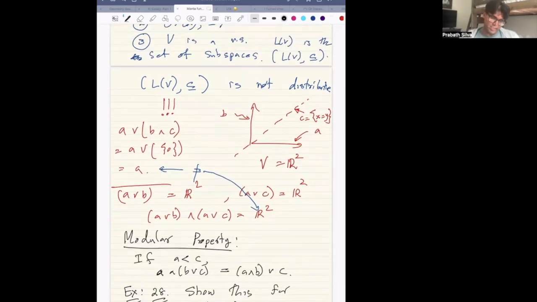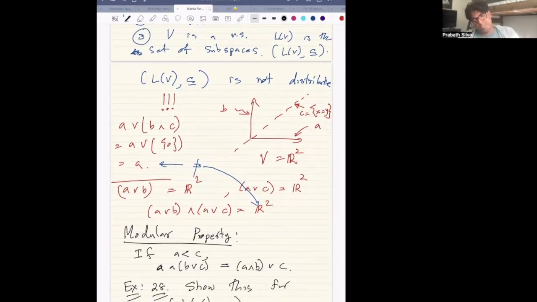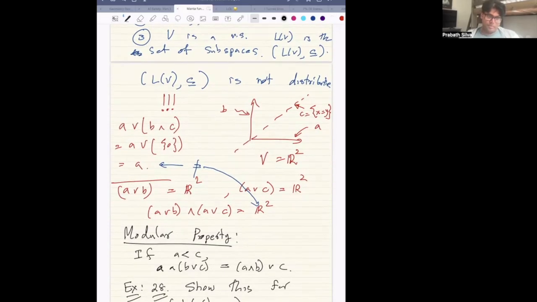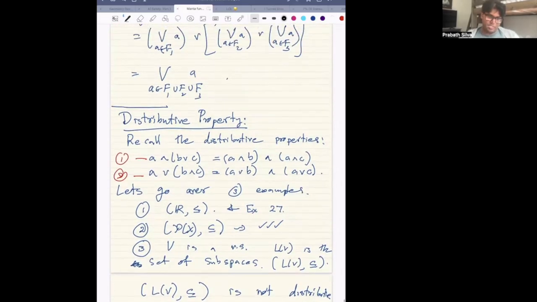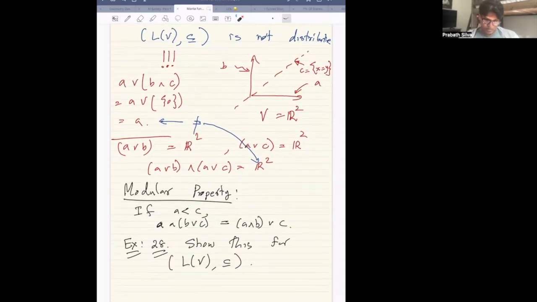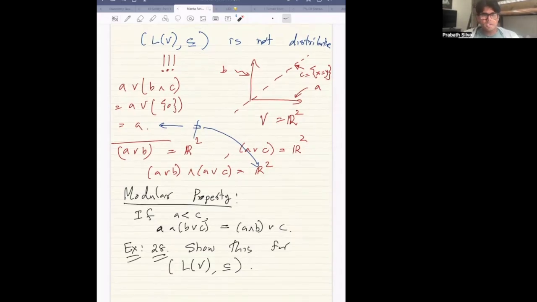And you can easily see that if the partial order is distributive, then you have the modular property, because this is basically telling you that if you look at this and this, if A is less than C, then this is C. This is A. So the modularity.